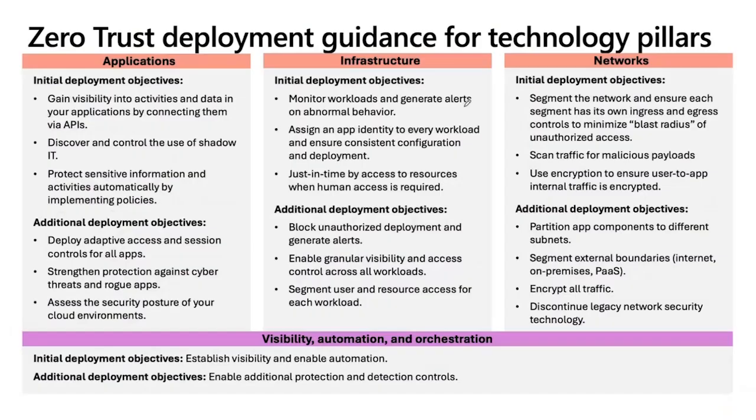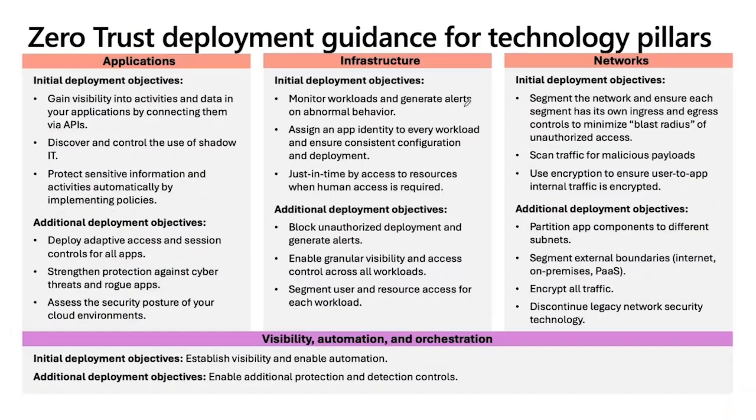Now for infrastructure, the initial deployment objective should be monitoring the workload and generating alerts for any abnormal behavior or activities. Also assigning app identity to any workload in case you want to use that infrastructure workload without any kind of manual interaction.